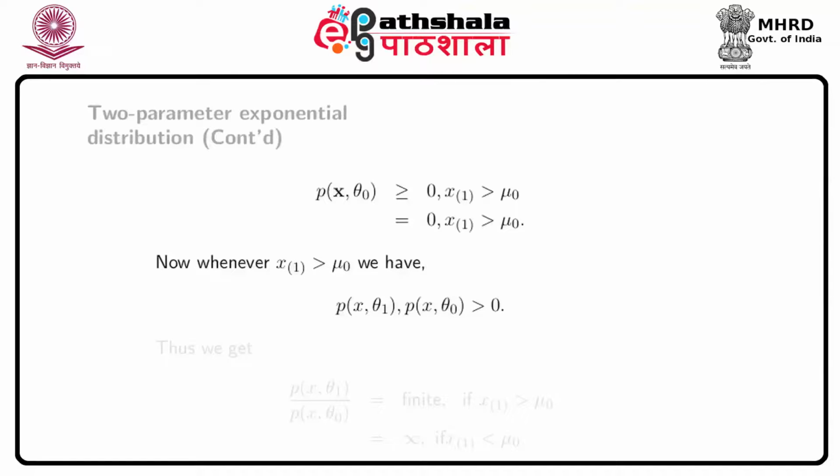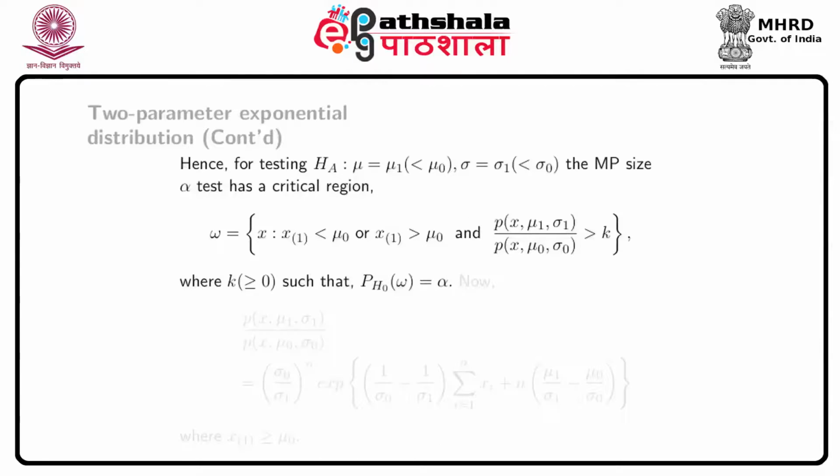Now whenever x(1) is greater than mu naught, p(x, theta1) and p(x, theta naught) are both positive. Thus we get p(x, theta1) divided by p(x, theta naught) is finite if x order statistic 1 is greater than mu naught and infinite if x order statistic 1 is less than mu naught.